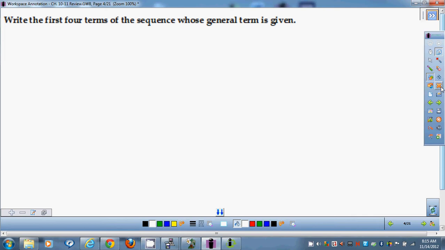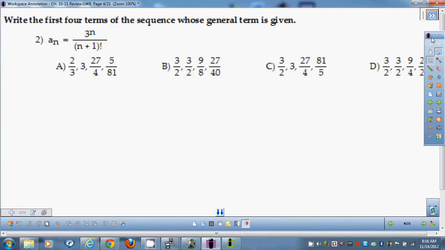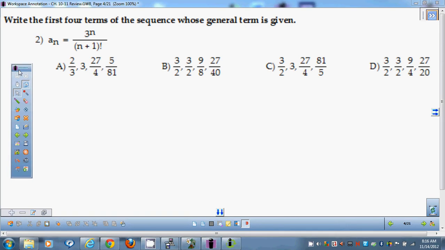No, that's the first term. That's right. General term is a formula. It's going to be giving you some kind of equation to find your terms. And all you have to do is find the first 4 terms. Well, that's for finding your own general term.